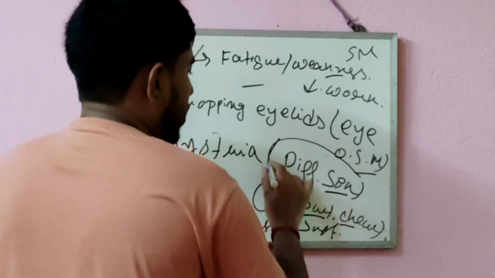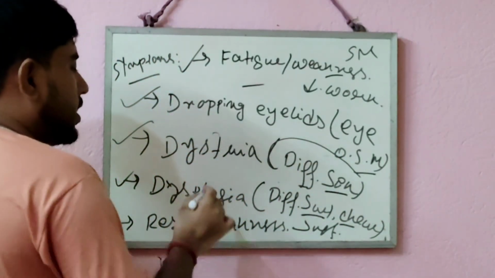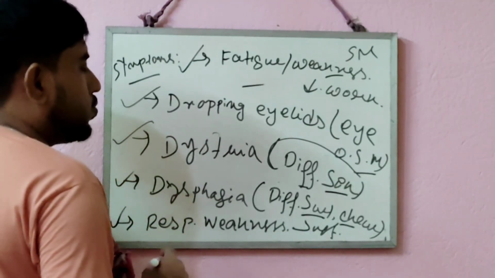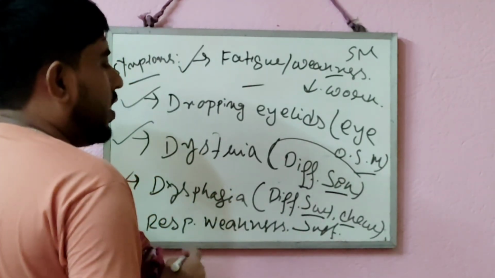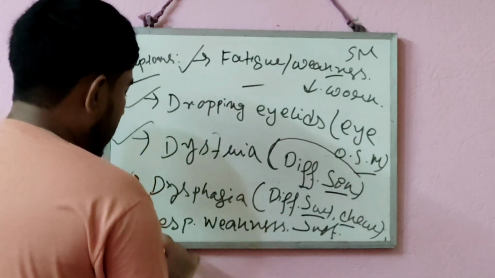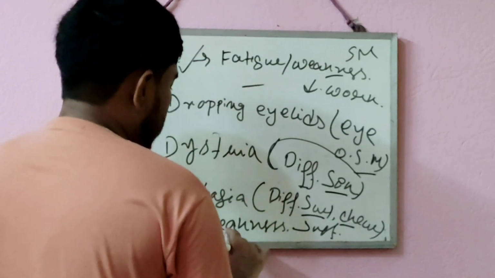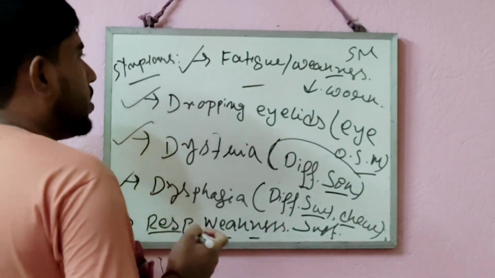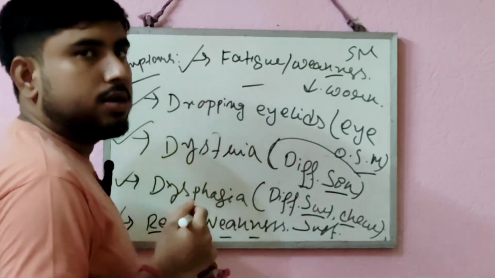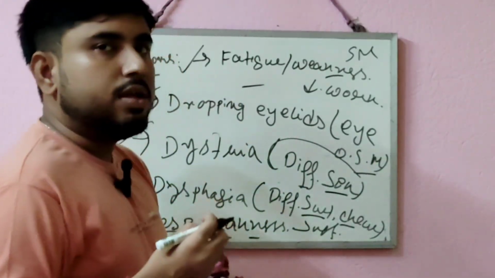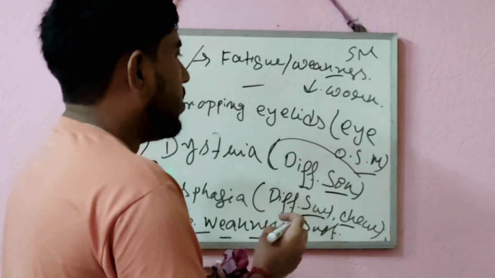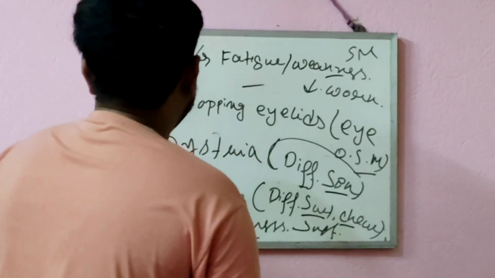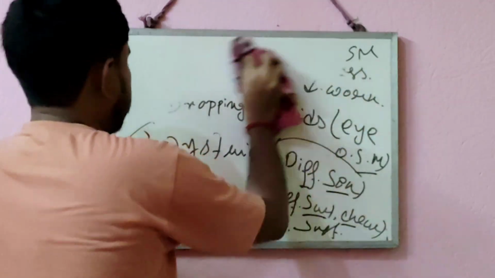That can also lead to difficulty in speaking, called dysarthria. And due to the lack of smooth muscle activity, even when doing less work, a person can feel respiratory weakness or a breathing problem. Whenever you see all those symptoms in a particular person, you can estimate that the specific person may be suffering from myasthenia gravis.